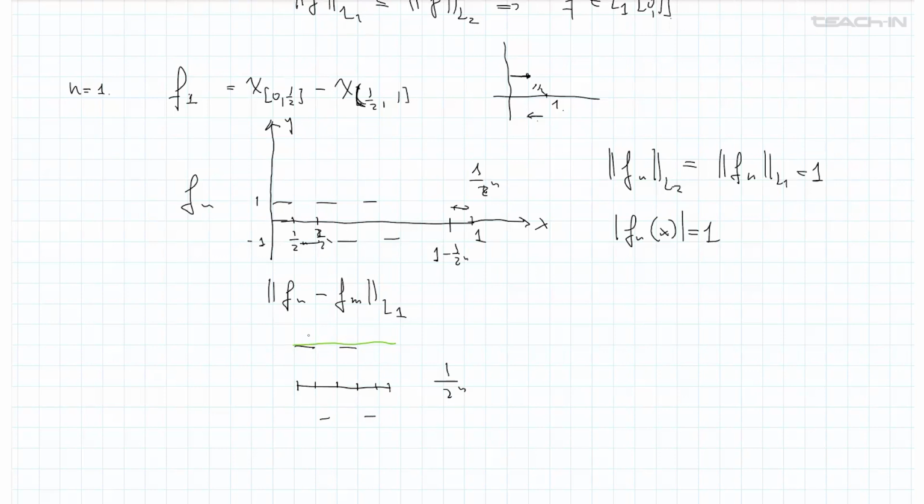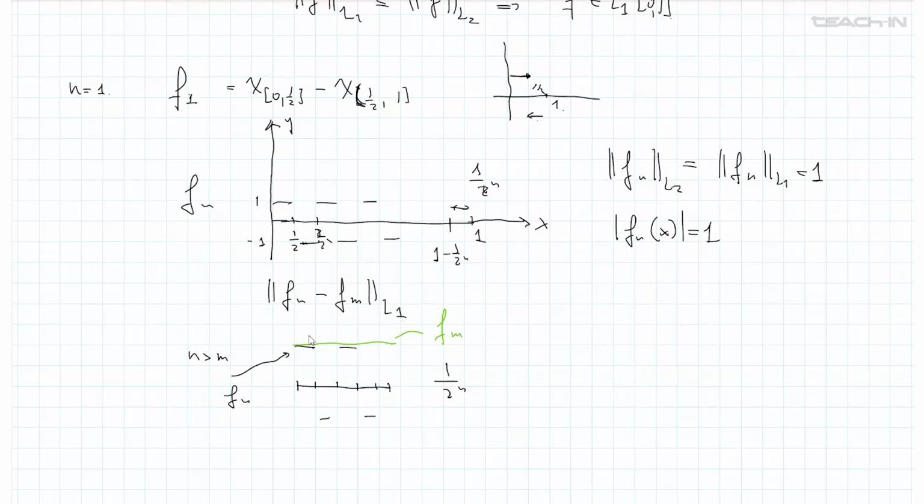So I consider the picture when, for example, n is greater than m, then the green function is f_n and the black is f_m, and it is on each interval, yes?